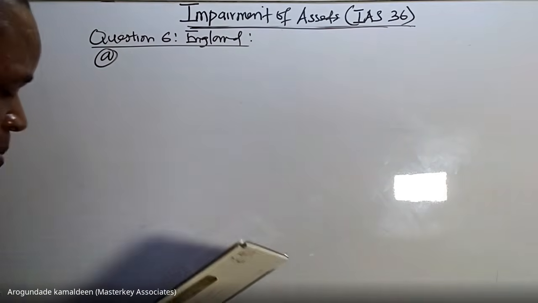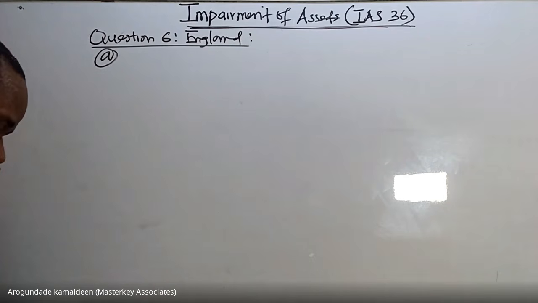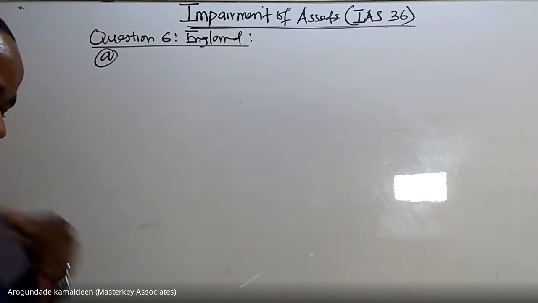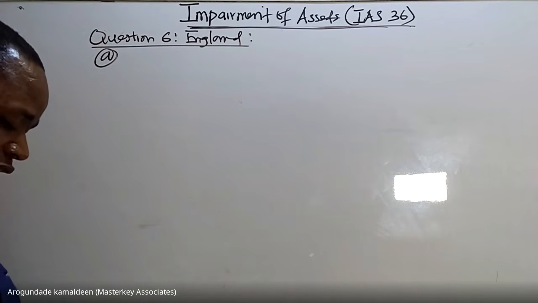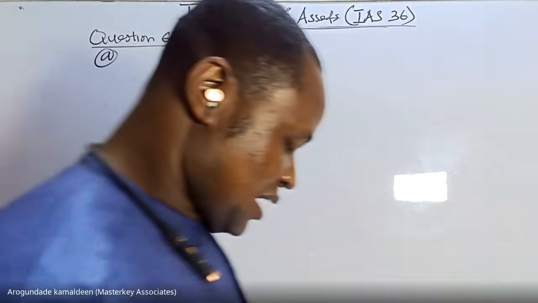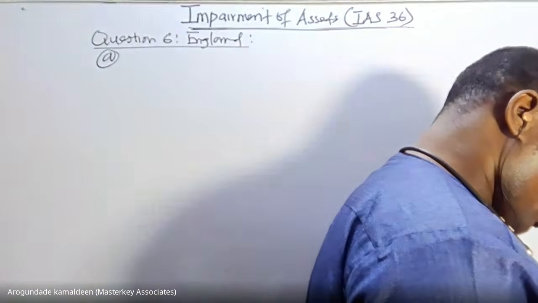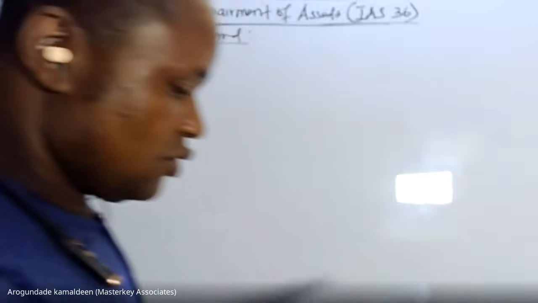Question A. Calculate the fair value less cost to sell of the property at 30th September 2005.